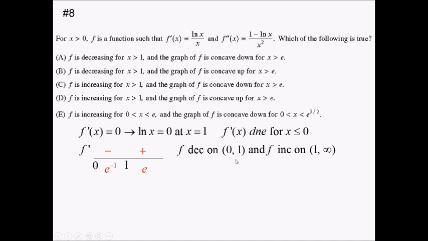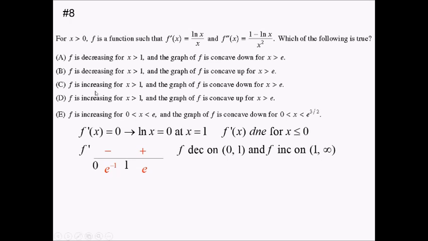For example, if you're increasing from 1 to infinity, that means you're most likely dealing with answer choices C or D. A and B have the decreasing happening in the wrong place. And honestly, E also has the wrong kind of increasing, because they're saying we're increasing somewhere we're not. We're only increasing after we get to 1.